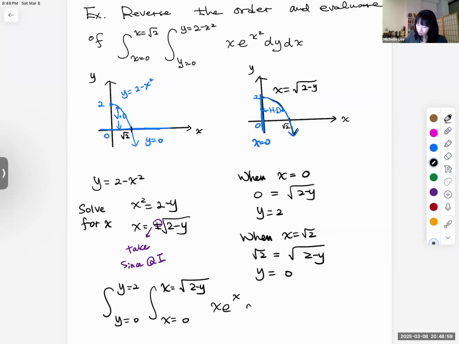Hold on, one second. We have a square, right? Otherwise, we do IBP again, right? So we don't want that. Squared, then we can use substitution, right?